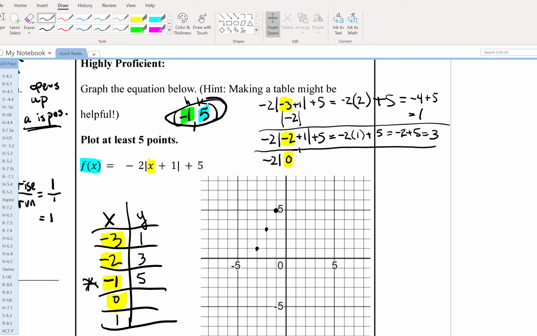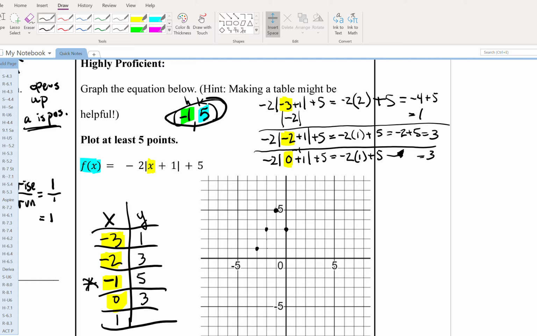So negative 2 times 0 plus 1 plus 5. This is equal to negative 2 times, and 0 plus 1 is 1, and the absolute value of 1 is also 1. So I can see right here that it's going to be the same as what's on top here. And so it's equal to 3. So at 0, we're at 3.